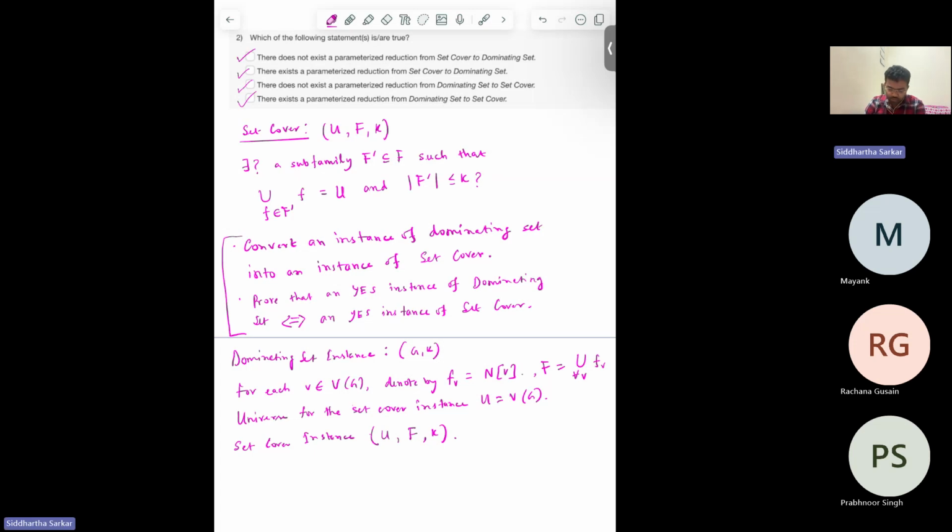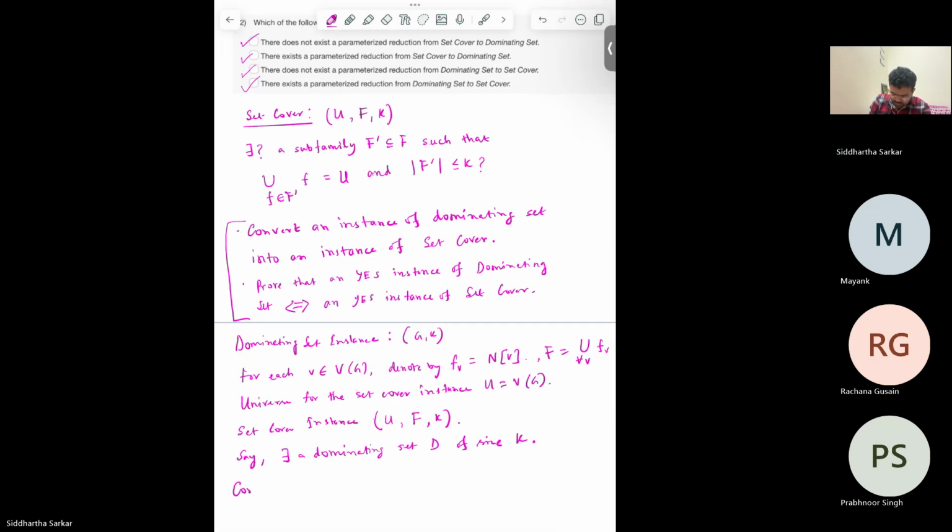So first, let us suppose that there exists a dominating set of size k, and let us say this dominating set is denoted by D. Now consider the union of those F_v's such that v belongs to D. This is a subfamily.